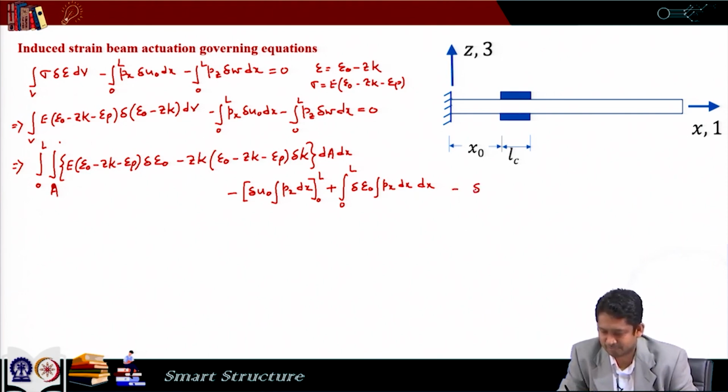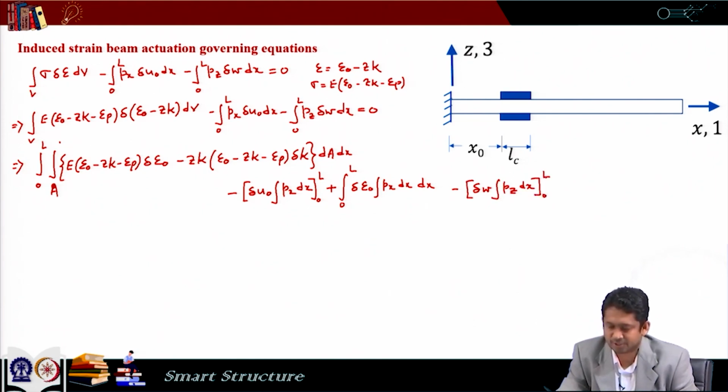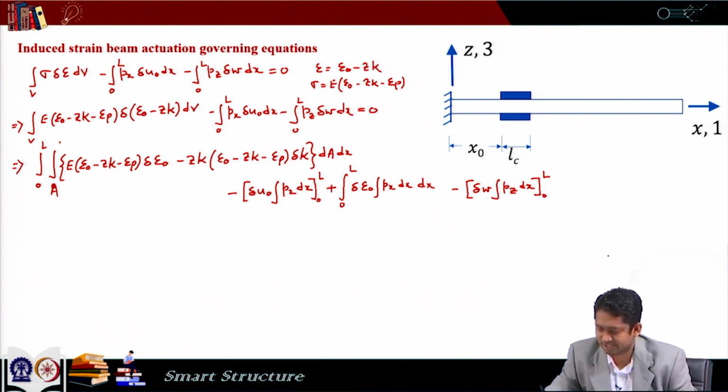So, we do the same thing: delta w p z dx evaluated at 0 and L, and then plus, after this, whatever the term is, I am writing it here for a reason, plus we get delta of del w by del x into p z dx integrated over 0 to L.